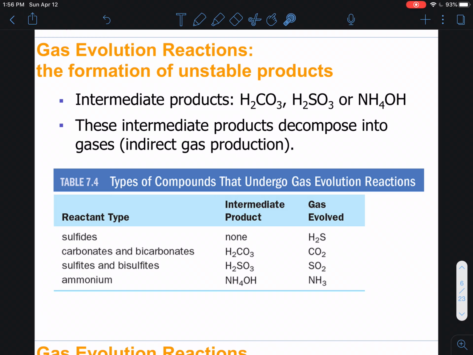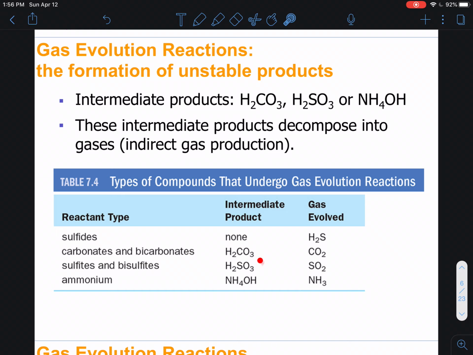So the reaction might not want to form a gas on purpose, or that wasn't the goal. It's just that the product that was formed, these guys right here, are unstable, so they quickly decompose into gases. All right, so this H2CO3, that's carbonate, is going to decompose into CO2.